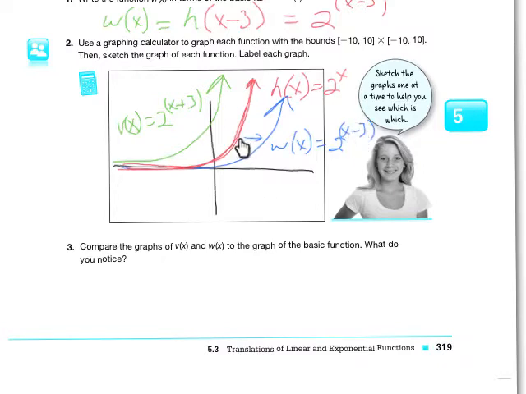The green one, v, got shifted the other way, negative, with the plus 3. It's kind of backwards, but that's how it works. So describe that right there in your own words. Go ahead and do that right now.